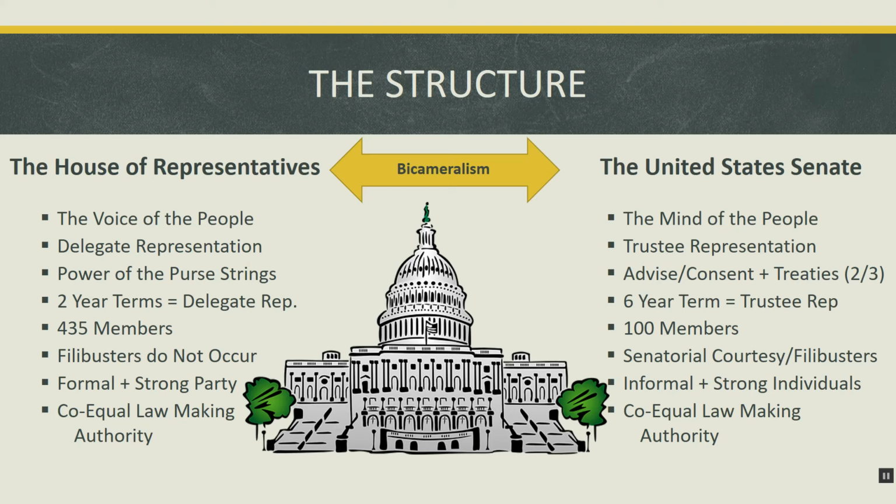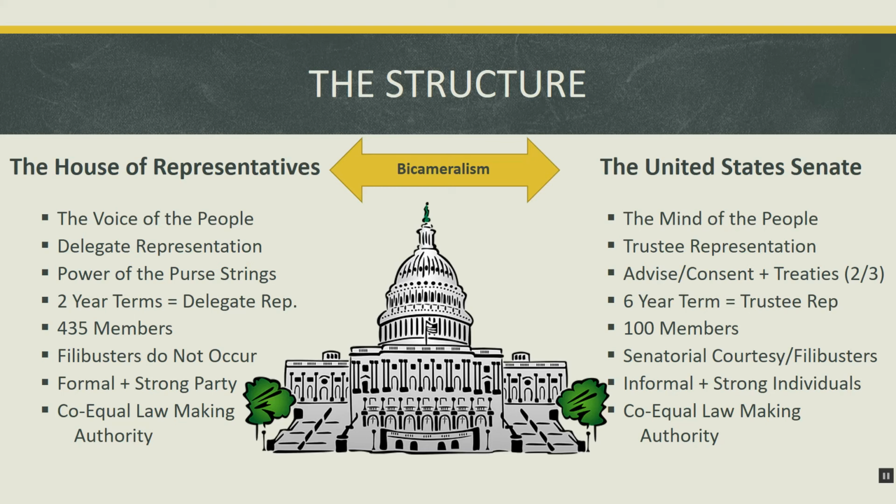All right, well, that makes sense, but we need to elaborate just a little bit. While the framers designed a system of elections that make House representatives very responsive to the wants of their people, that's not as true of the Senate. The Senate was never meant to give the people a voice in government. Instead, it was meant to give us a mind in government.